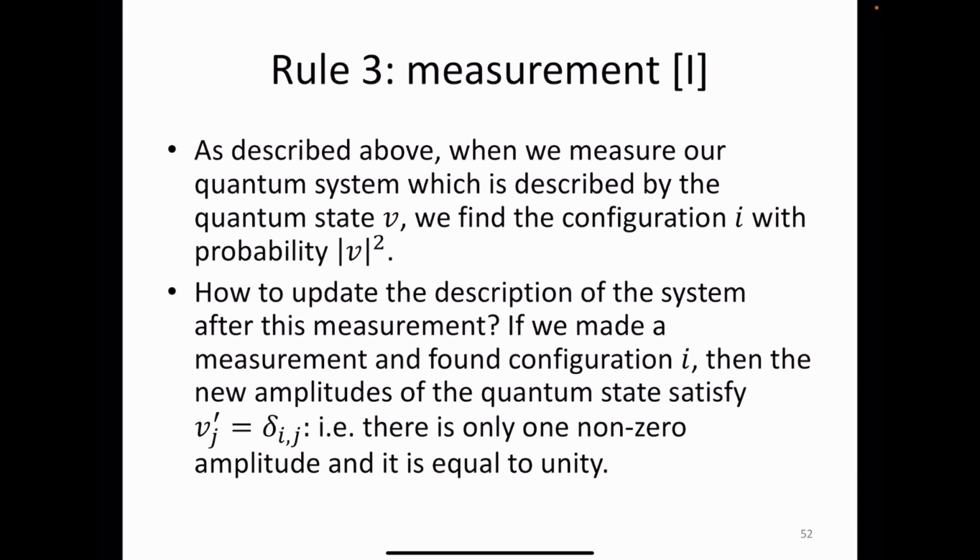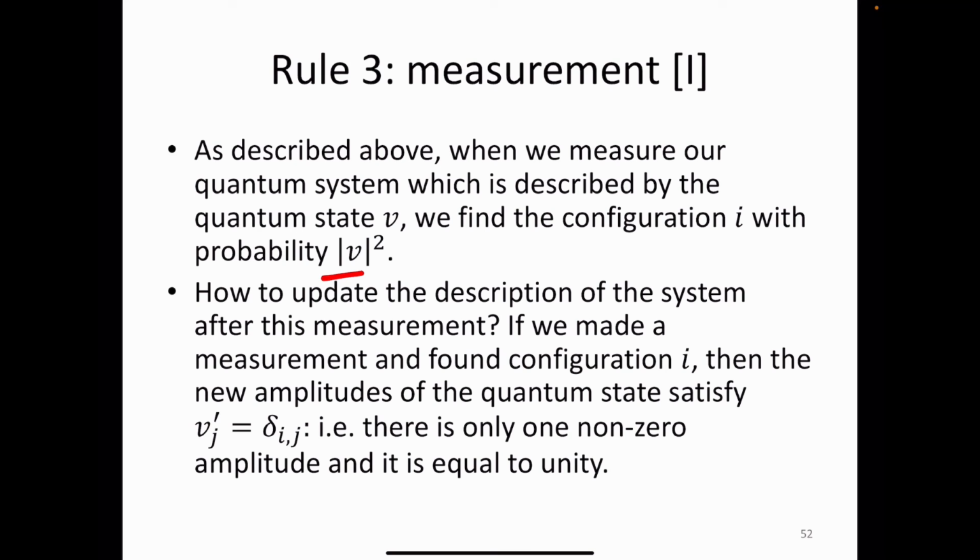Now let's look at the third one, measurement. So when we measure our quantum system, which is described by the quantum state V, we'll find the configuration I with probability of modulo squared for I. Now, how do we update the description of the system after this measurement?